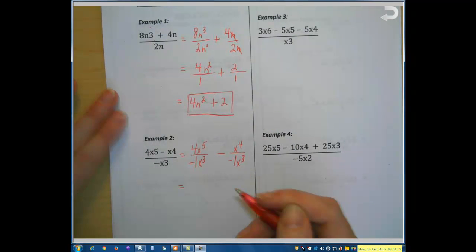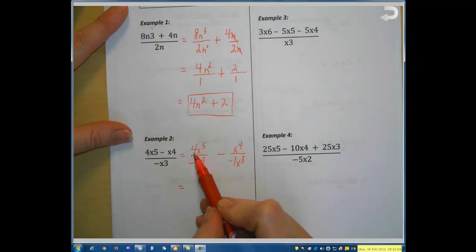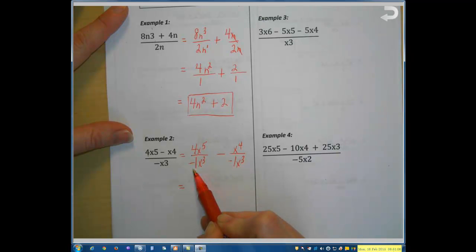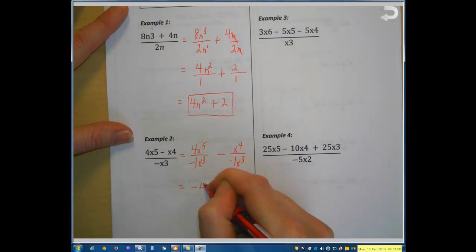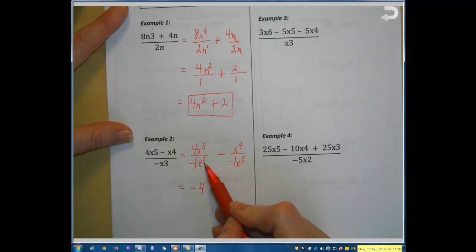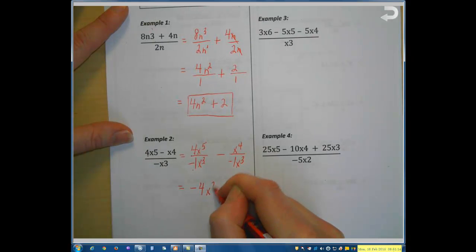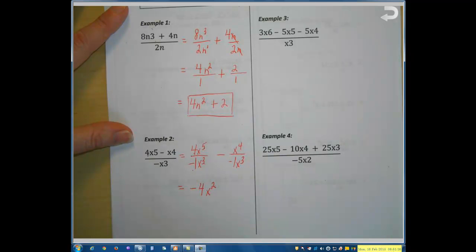Okay, now let's simplify. 4 divided by negative 1 is negative 4. Subtract the exponents. 5 minus 3 is 2. Answer stays on the top. Our first term is done.